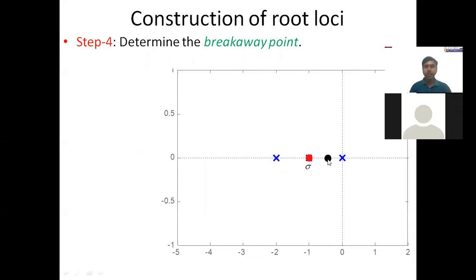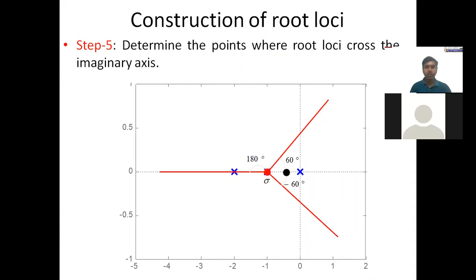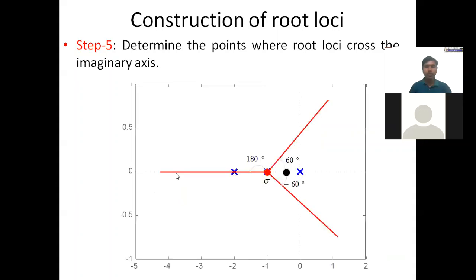So we have the breakaway point here, and the centroid is here, and the asymptotes. Now the next thing is, the path of the root starts from here, diverts from this point, follows this asymptote direction, and reaches infinity, but somewhere it will touch the imaginary axis.